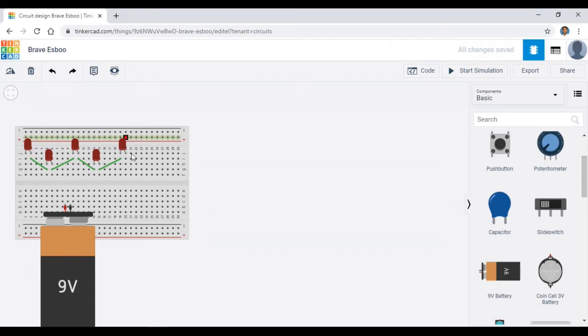All these are interconnected, but now we have to connect this positive with this anode and this negative with this cathode. So I am directly taking it like this, positive, and from here negative.